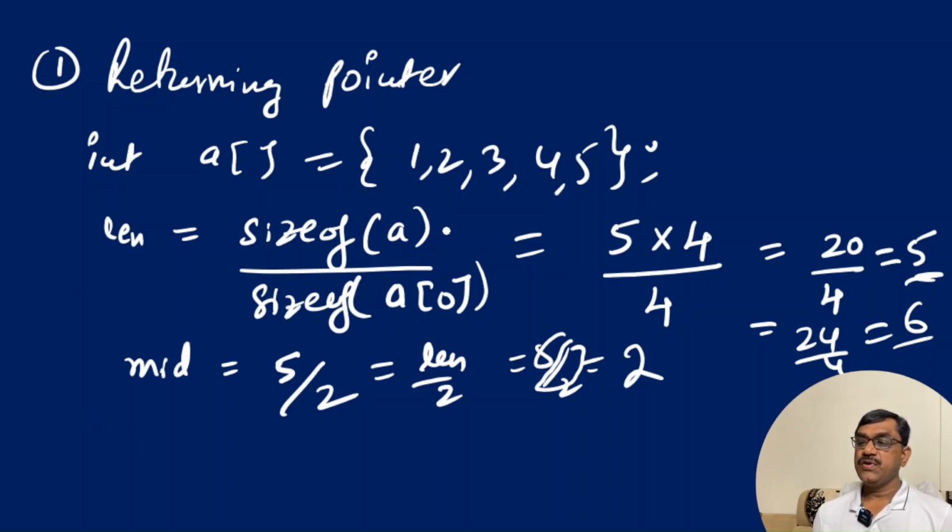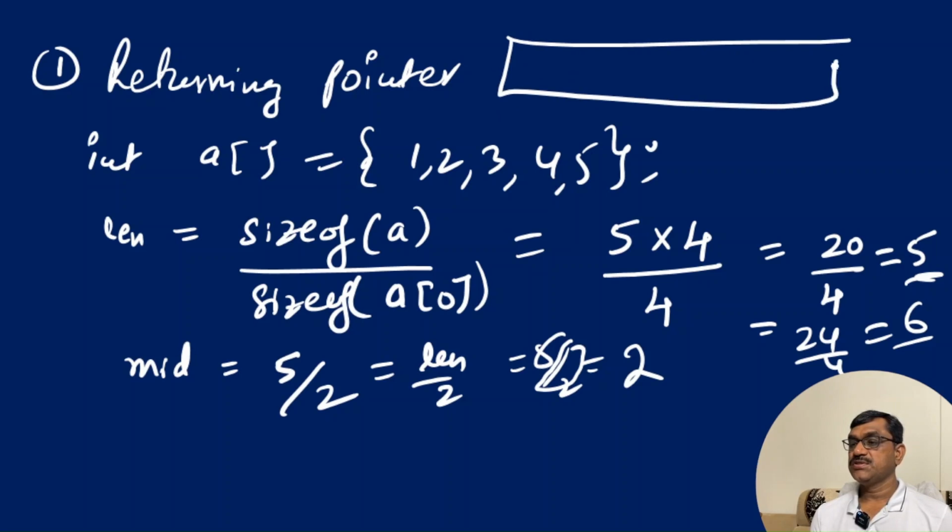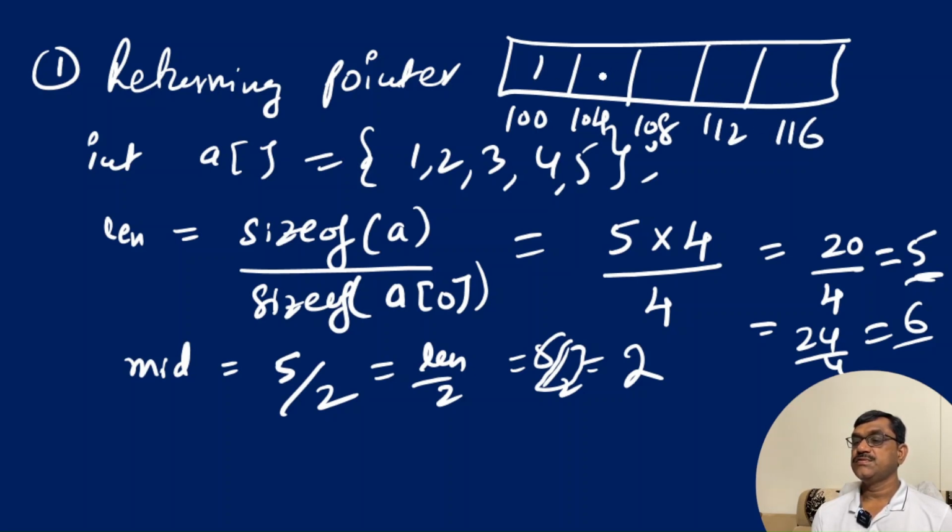Now, assume that we want to return the address of the mid element. What do we mean by the address of the mid element? This is the memory representation of the array. There are 5 elements, and assume the addresses are 100, 104, 108, 112 and 116. The elements we have given are 1, 2, 3, 4, 5.